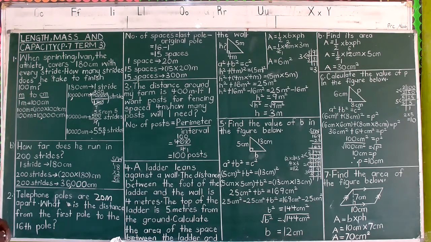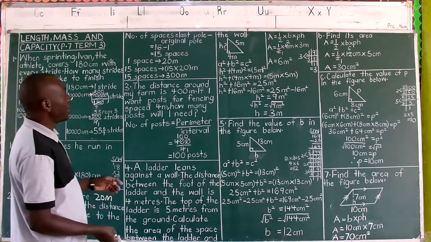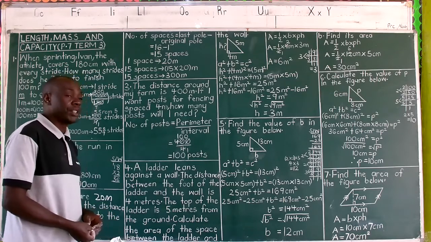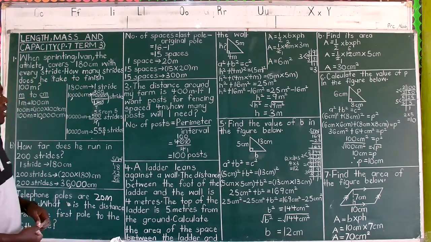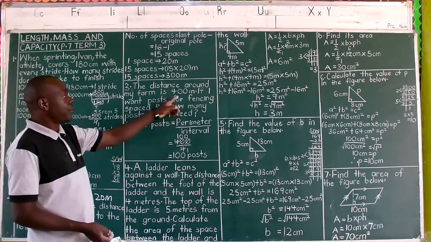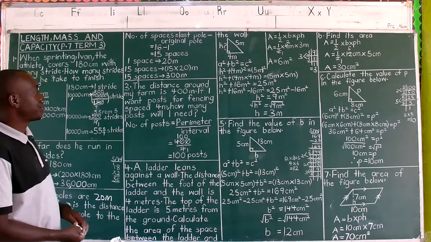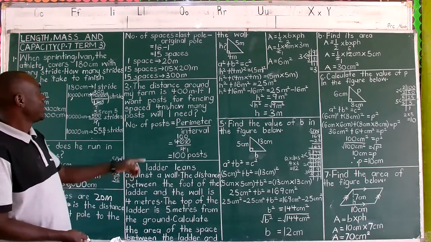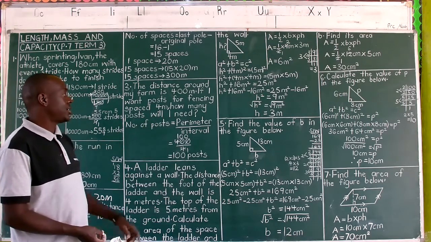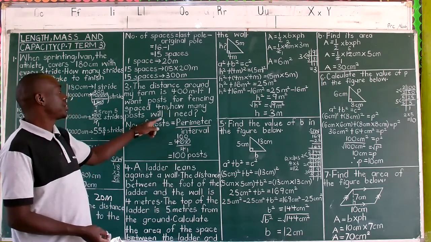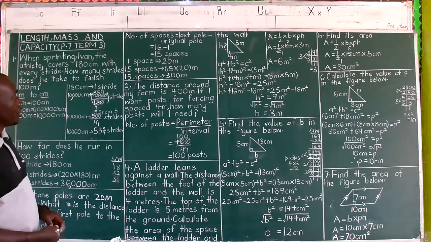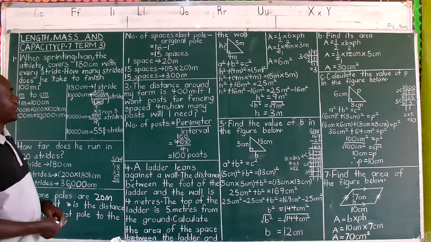Example number 3 says the distance around my farm is 400 meters. If I want posts for fencing spaced 4 meters apart, how many posts will I need? So these posts can be 4 meters apart.